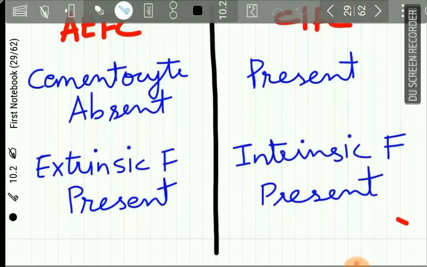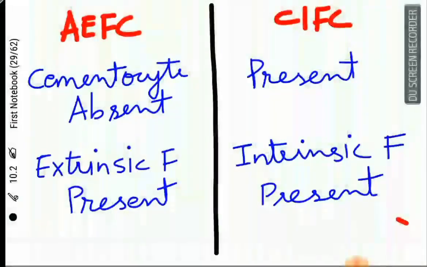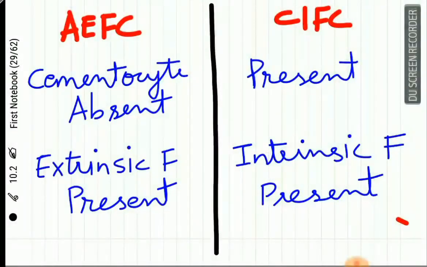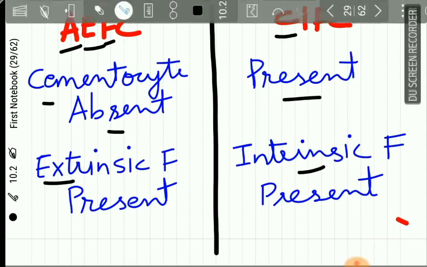Now, the cementocytes: depending upon the name, acellular means the cementocytes are absent, while cellular means cementocytes are present. Then fibrillar: in acellular extrinsic fiber cementum, extrinsic fibers are present, while in CIFC the intrinsic fibers are present.